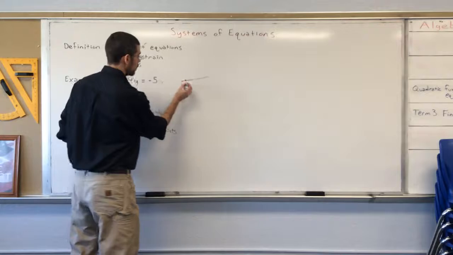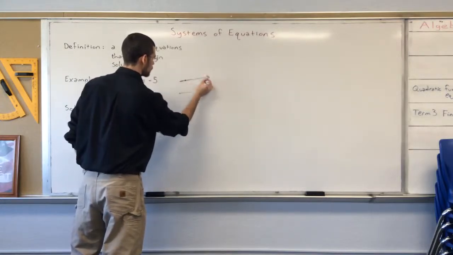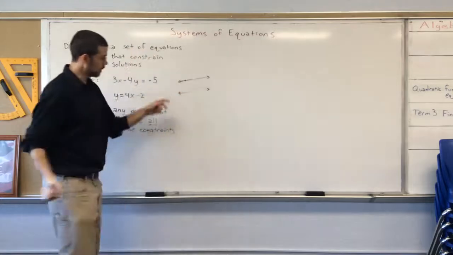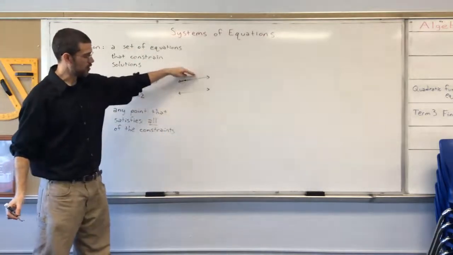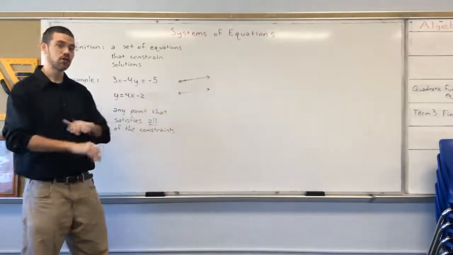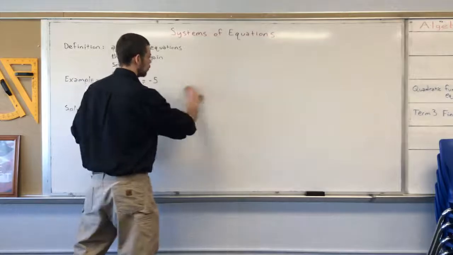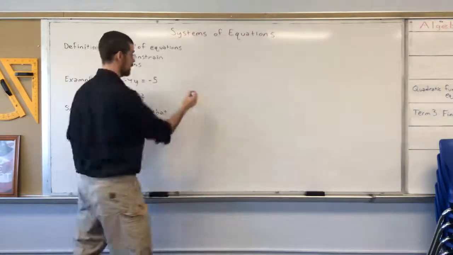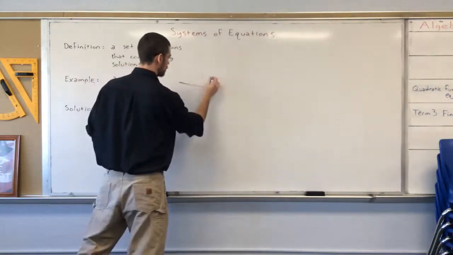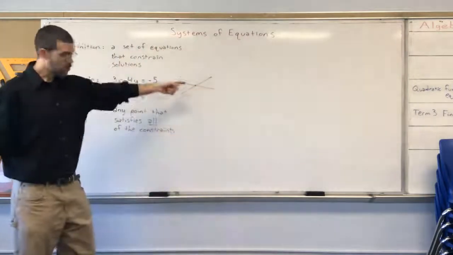If you have parallel lines like this, then there will never be a point on this line that is also a point on that line, which would mean the system would have no solutions. Or the most common case is that you've got lines that cross each other, and then in that case there's only one point.